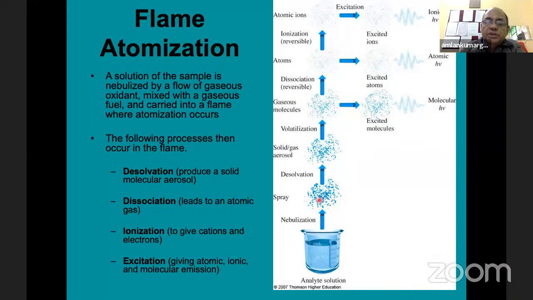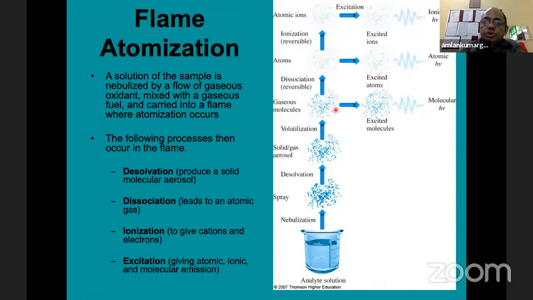Now these droplets are introduced into the flame. Flame is hot, so what will happen? The water evaporates, so it will get desolvated, and here you will have the solid chemical or aerosol of the chemical that you have put in the solution. So from here it will form molecules, and from molecules it will form atoms.